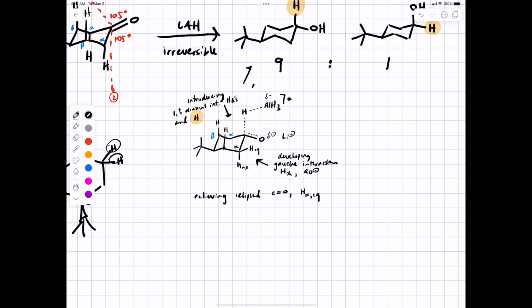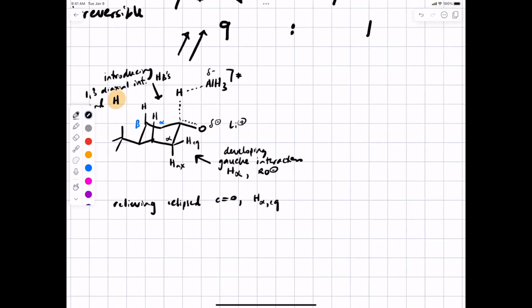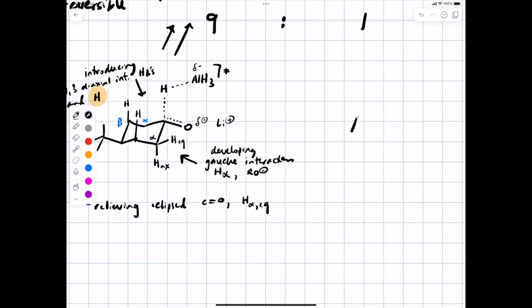Now let's look at the alternative transition state and see if we can rationalize why it might be higher in energy. So again, we're going to draw. In this case, the oxygen would be going axial. The hydride would be delivered here.